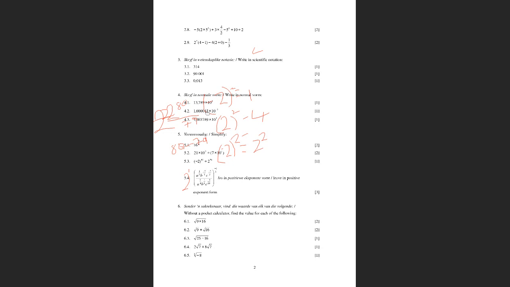Okay, good. Then let's go to the next one. We are supposed to write this thing in a simplified form. So we are going to have 1 over 2.